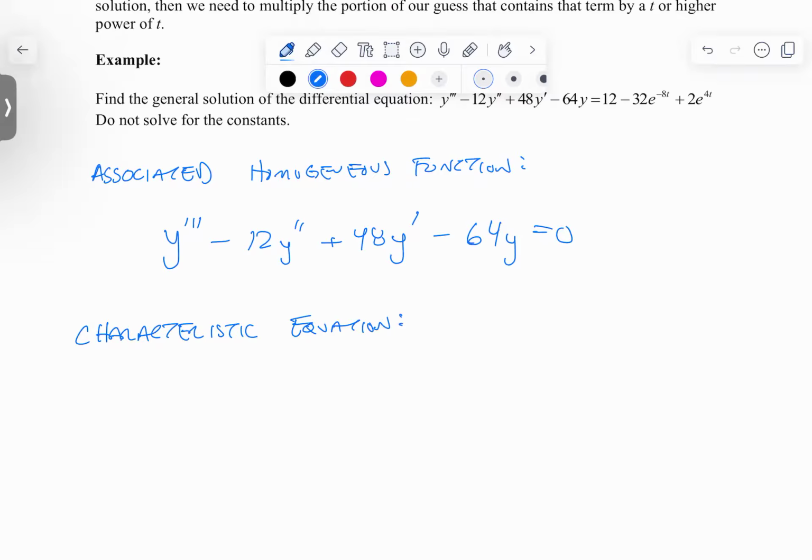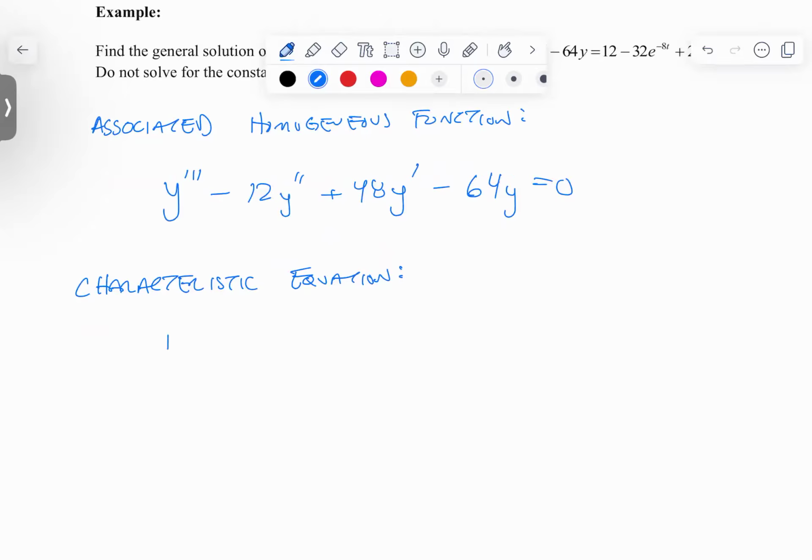We solve the associated homogeneous function, which means then we solve the characteristic equation.